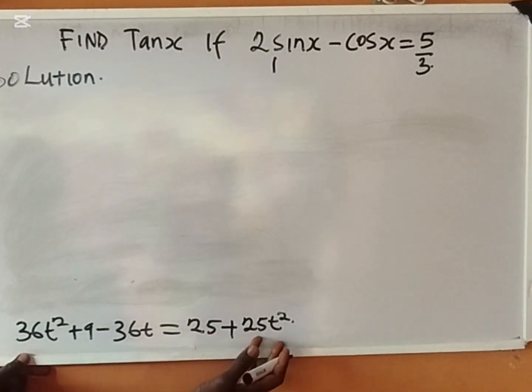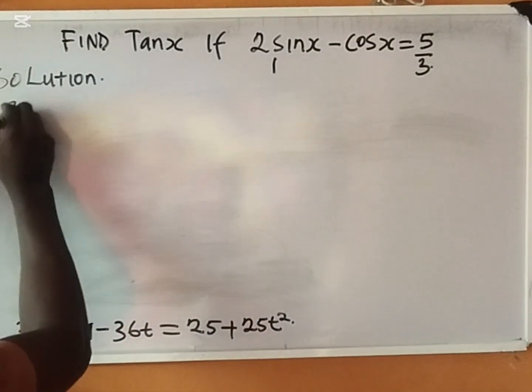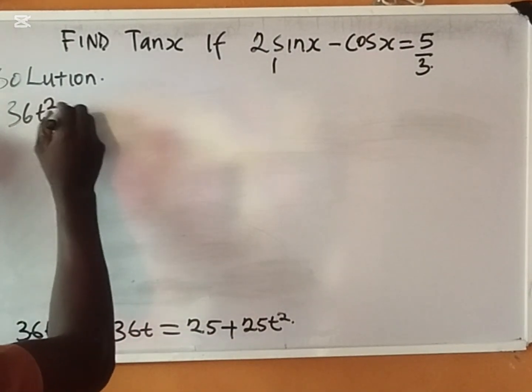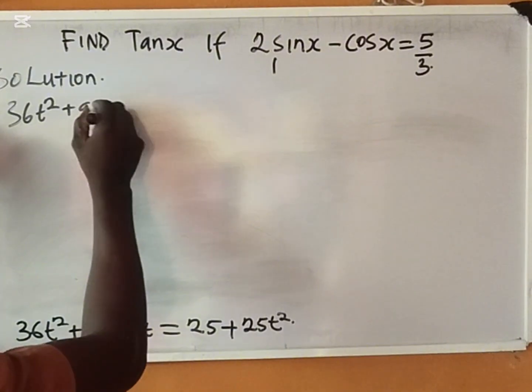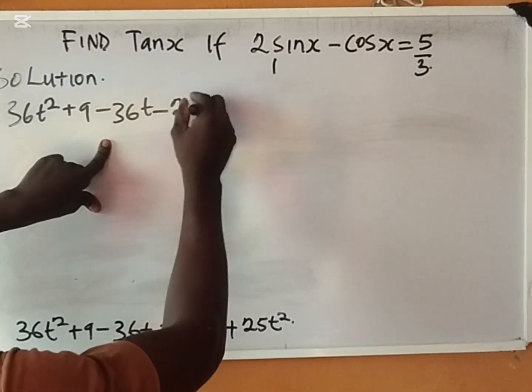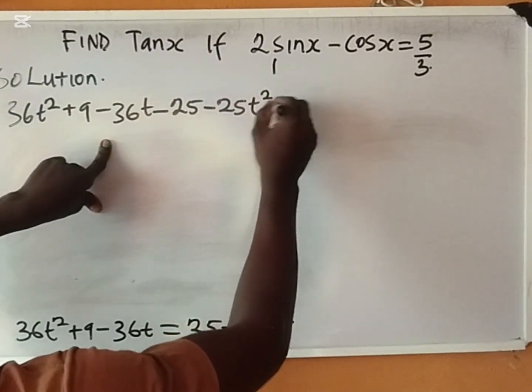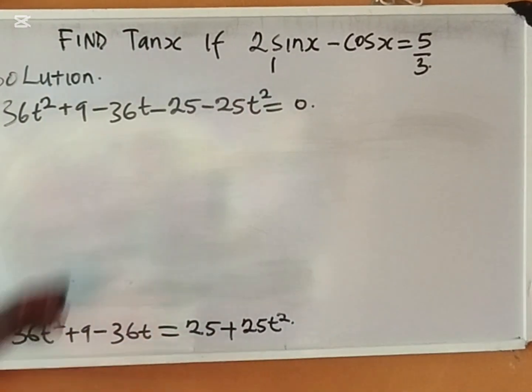We'll pick these terms on this side of the equation to the other side. It becomes 36t squared plus 9 minus 36t minus 25 minus 25t squared is equal to 0.